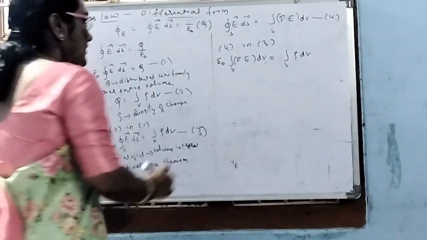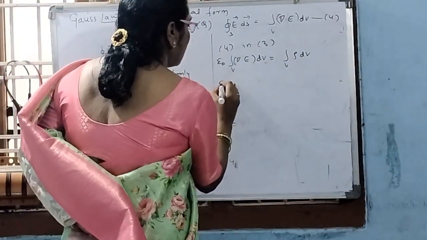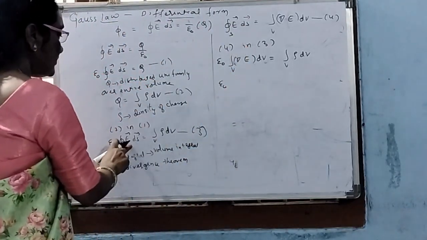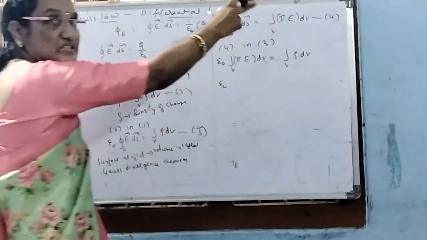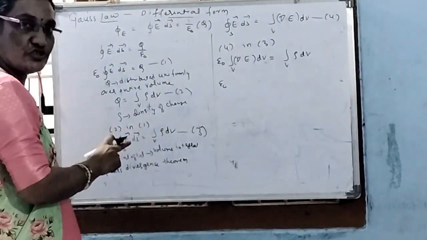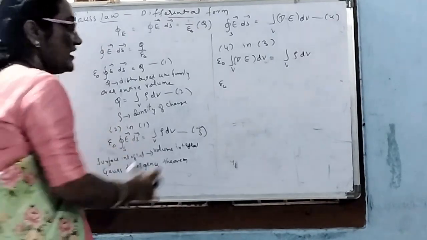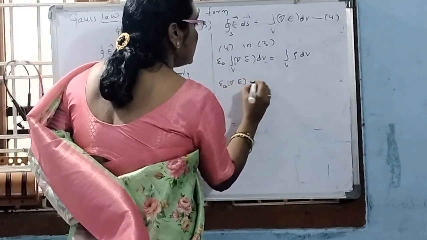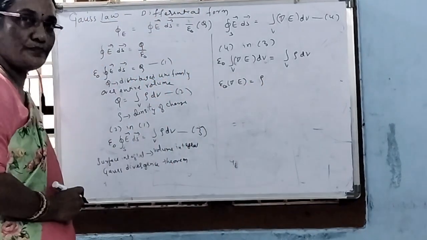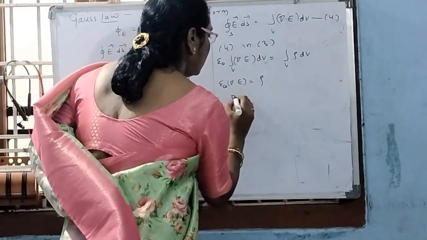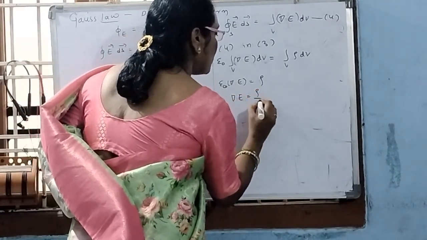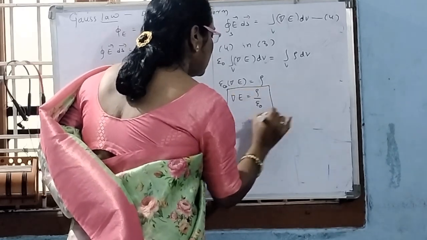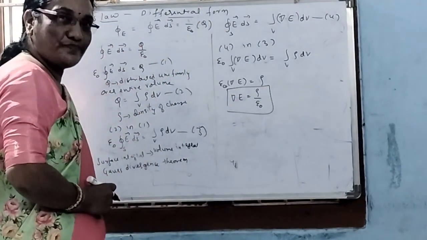In place of E dot ds, I substituted this volume integral using Gauss divergence theorem. So epsilon naught del dot E is equal to rho, or del dot E is equal to rho by epsilon naught. This is one of the forms.